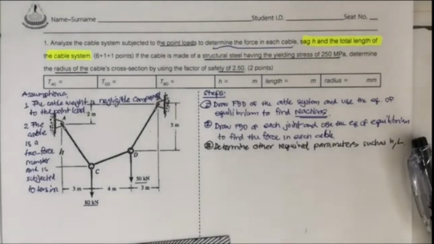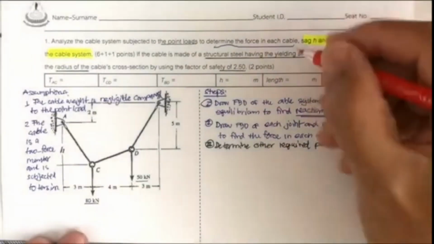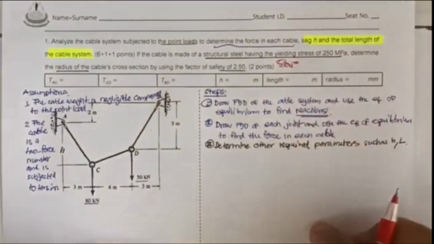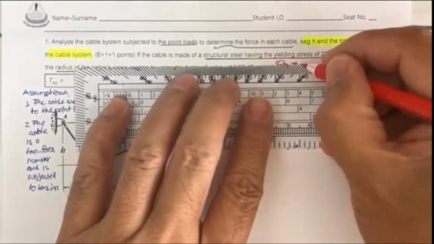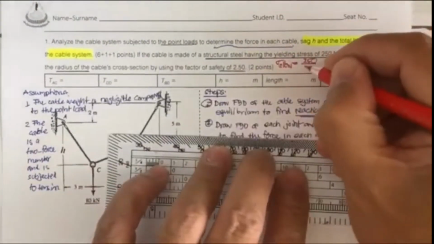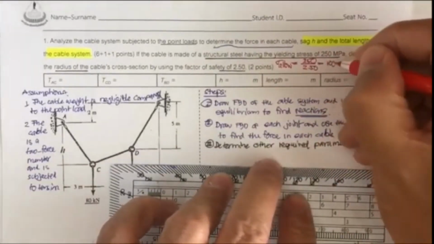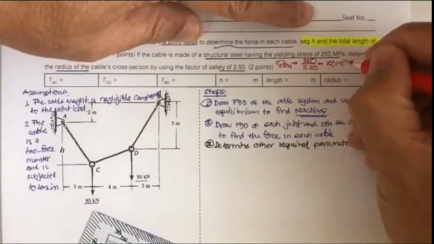The allowable stress is the yielding stress divided by the factor of safety. So we get the allowable stress of this structural steel of 100 megapascal.